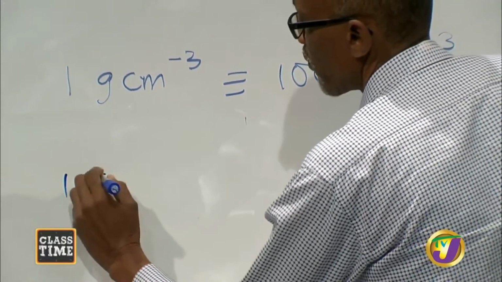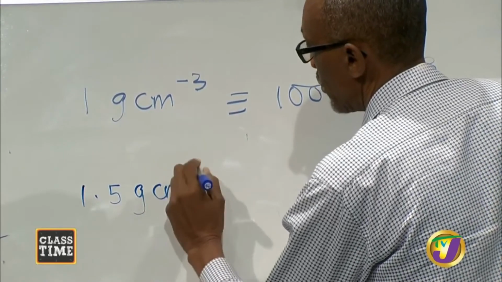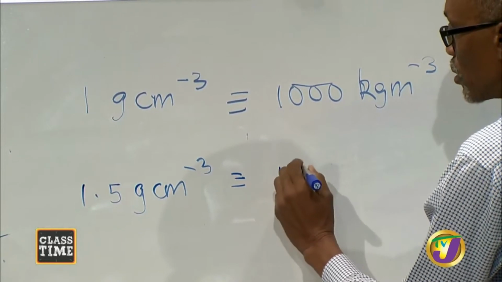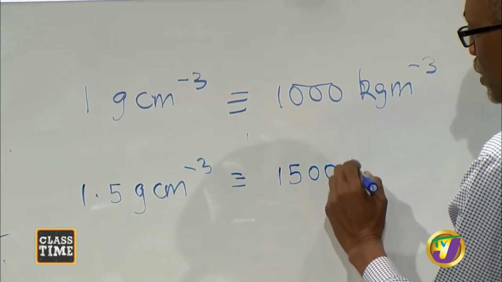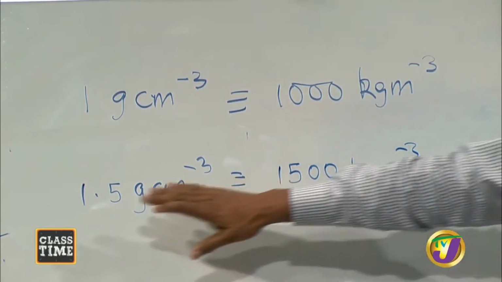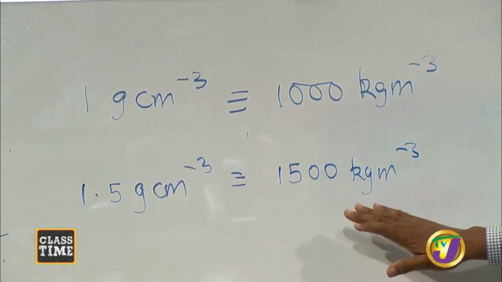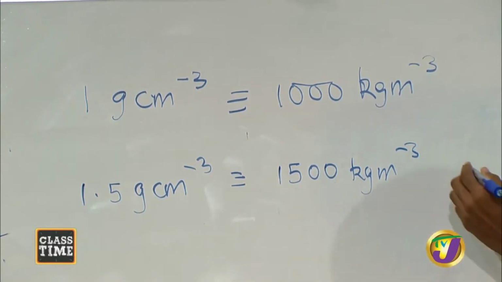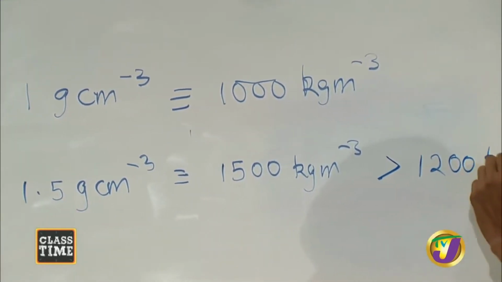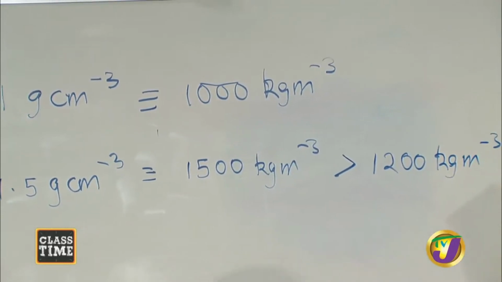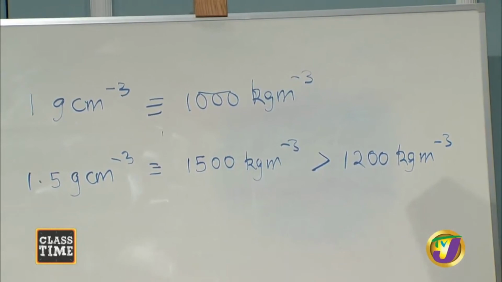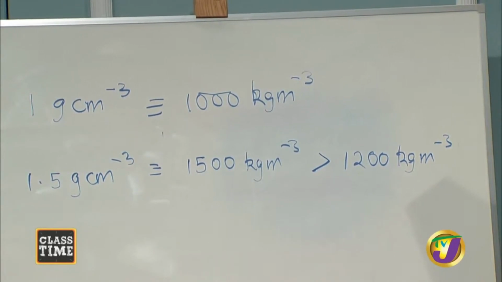We must multiply this by 1,000, so this would be 1,500 kilogram per meter cube, which is certainly greater than 1,200 kilogram per meter cube. So number 1 would be the correct answer.